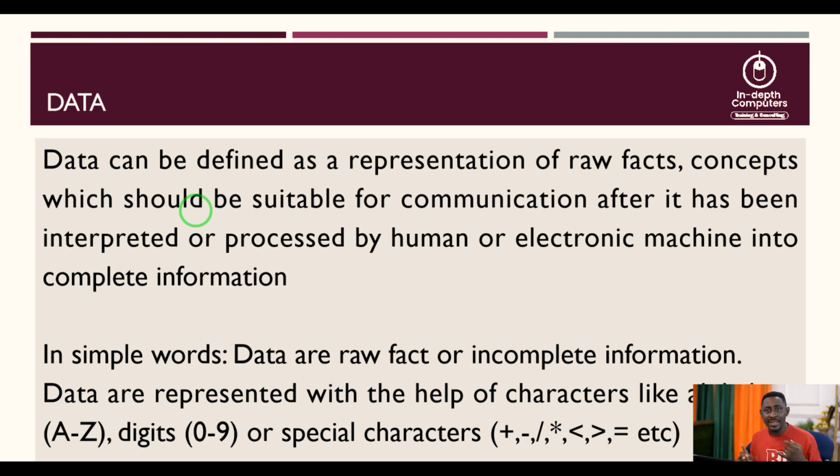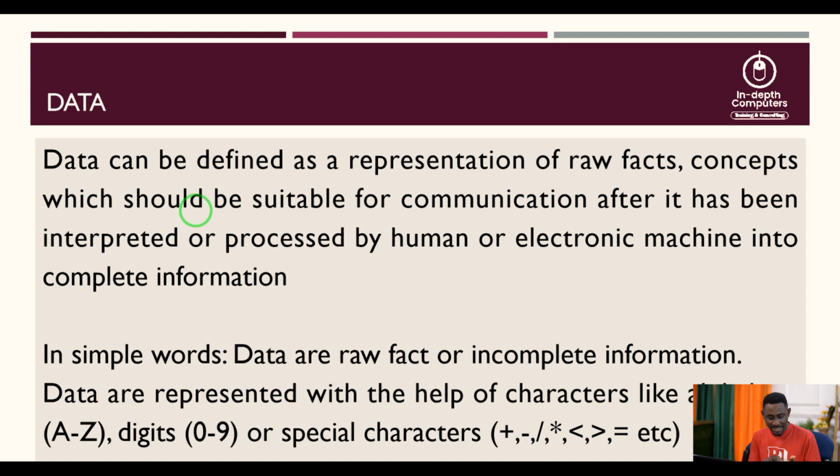What are the examples of data? Number one, the letters of the alphabet, A, B, C, D, E, F, G, are a type of data. That is alphabetical data. Another type of data is numbers: 0, 1, 2, 3, 4, 5, 6, 7, 8, 9, 10, 11, 12, 13 to infinity. That is numeric data.